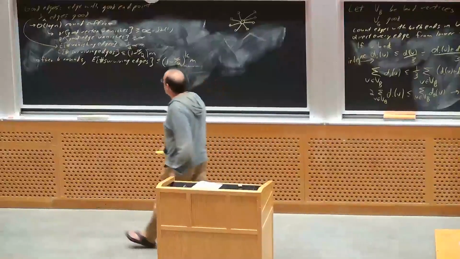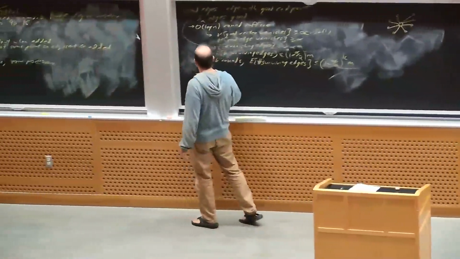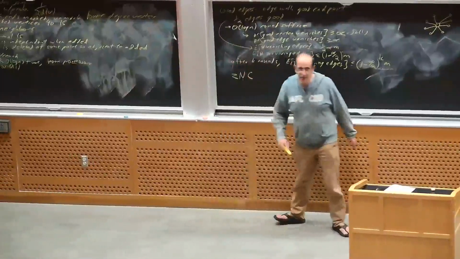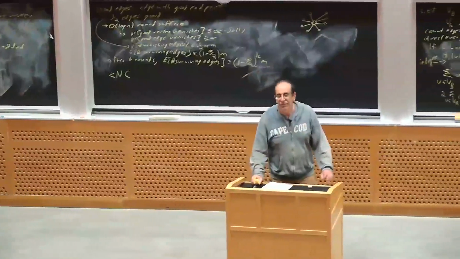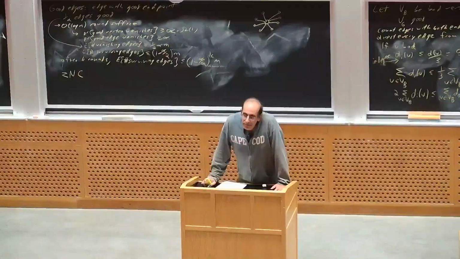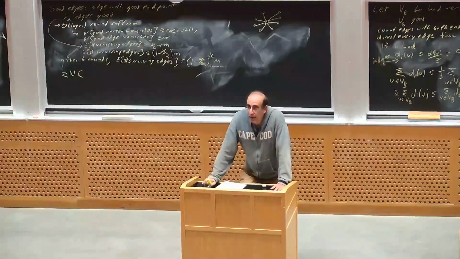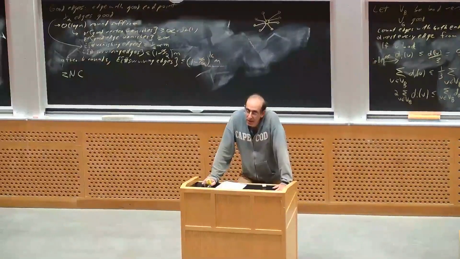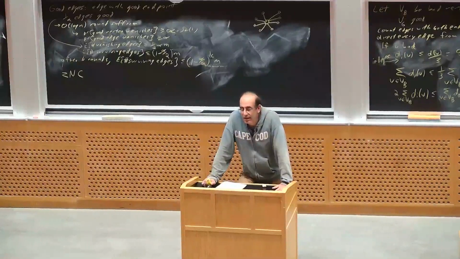Yes? Actually, this is what's known as ZNC, if you remember the complexity classes that I defined, because it's Las Vegas. I'm just wondering about the log n time for each round. Yeah, I think it's a fair question.